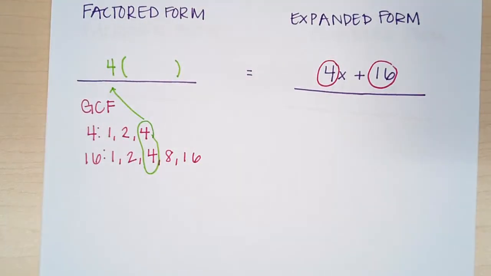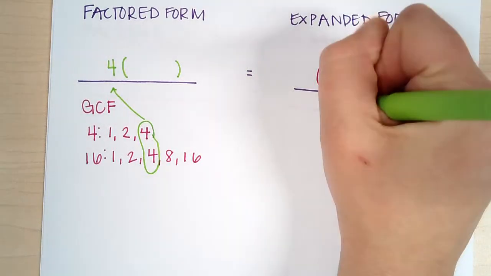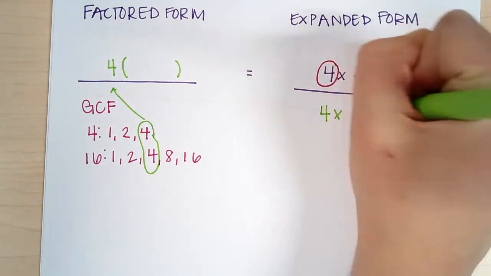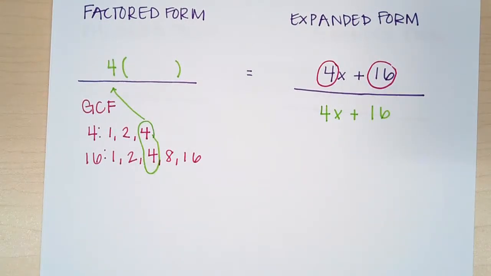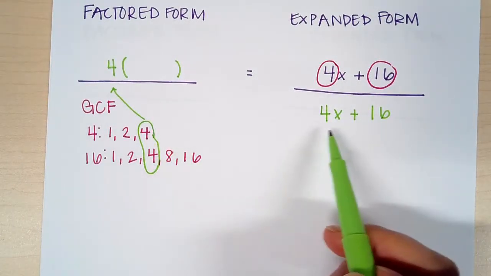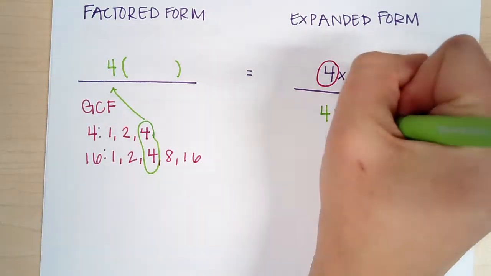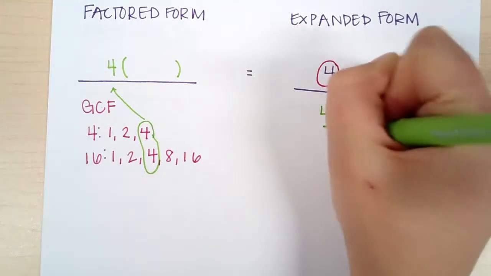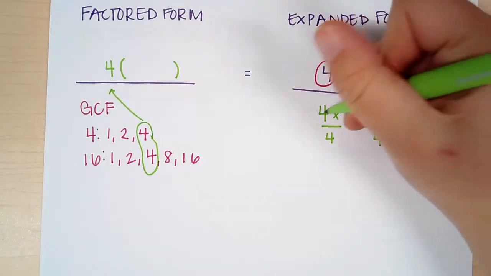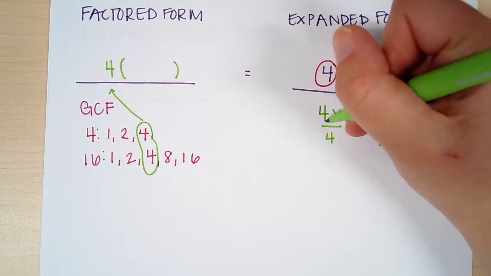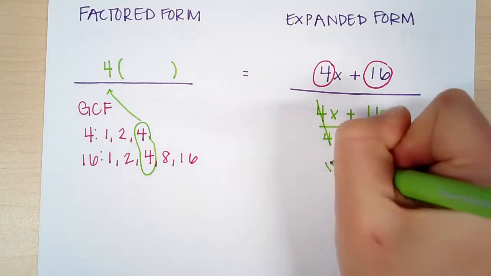Now we need to determine what goes inside of our parentheses. So I'm going to look here at my 4x plus 16. I'm rewriting it for myself. And now I need to divide each of these terms by that 4 so I can divide that 4 out. I divide each of these by 4. 4 times and divided by 4 cancel each other out. So I'm left with x.